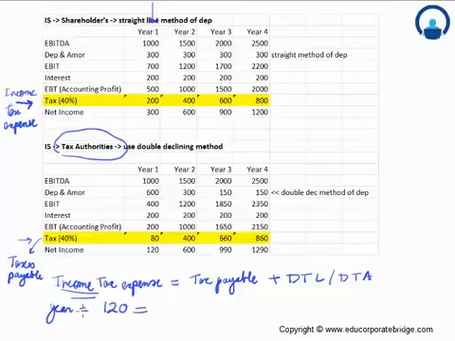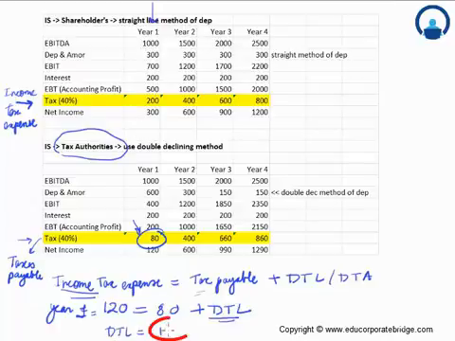This is equal to taxes payable, which is 80, as we can see here, plus your deferred tax liability, because you have paid less and you have shown more. So your DTL comes out to be 120. So this is year 1.